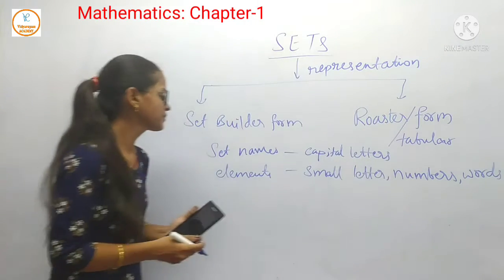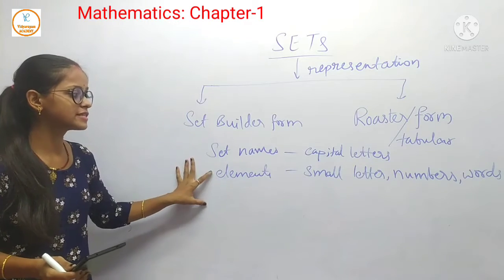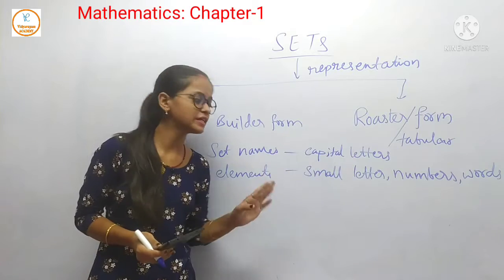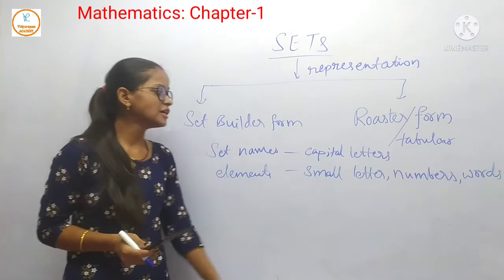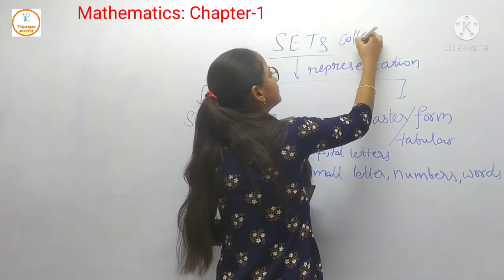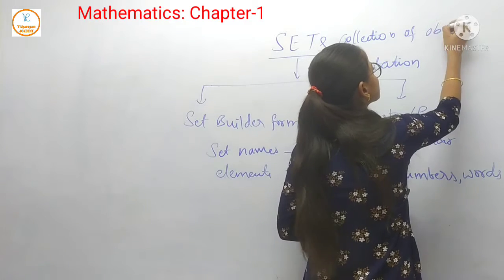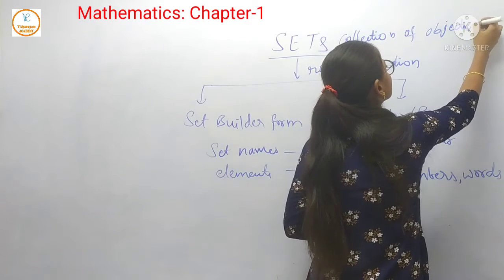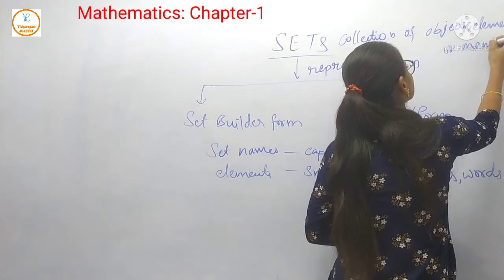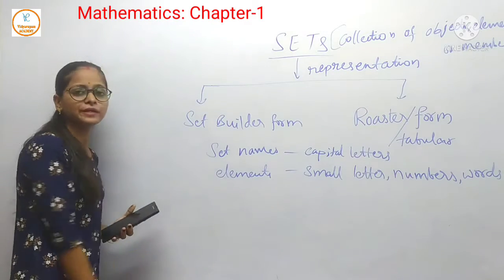So these are the elements, and this is the set name. The name of the set is denoted by capital letters, and the elements by small letters. What is meant by set? Set is nothing but a collection of objects, elements or members. All this collection is nothing but the set.